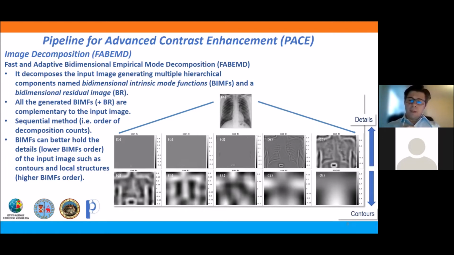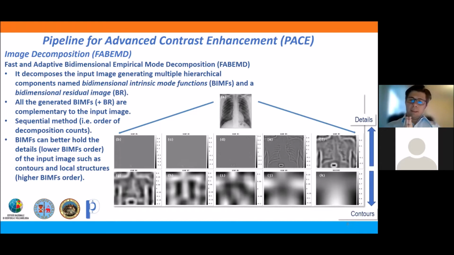The main result of this methodology is that the input image can be decomposed into a number of hierarchical components called bidimensional intrinsic mode functions, or BIMFs, and a residual image. All these components plus the residual image can be combined together to regenerate the input image.